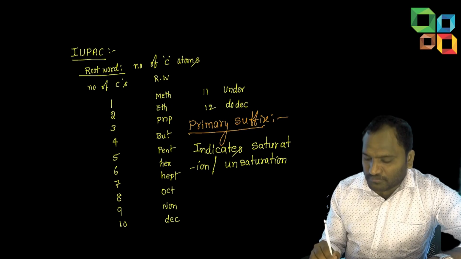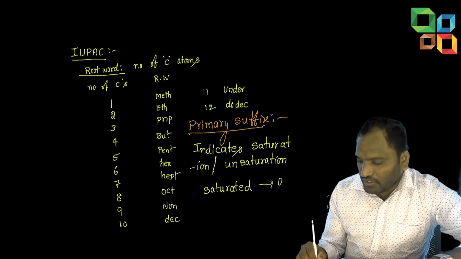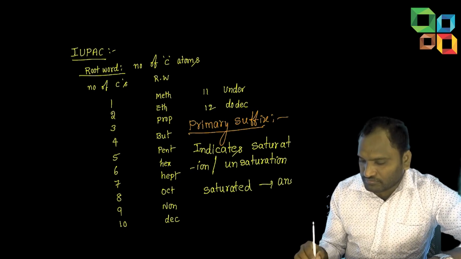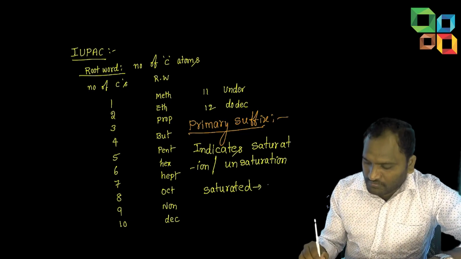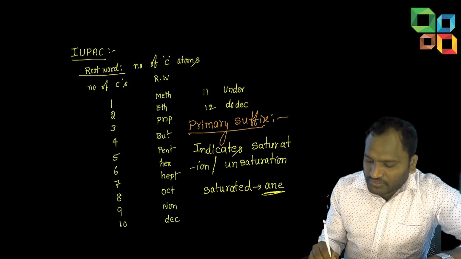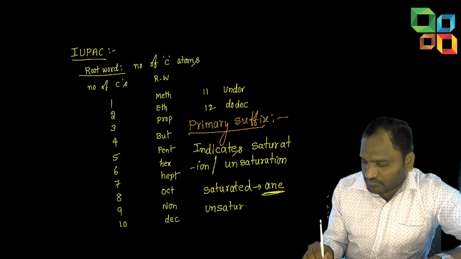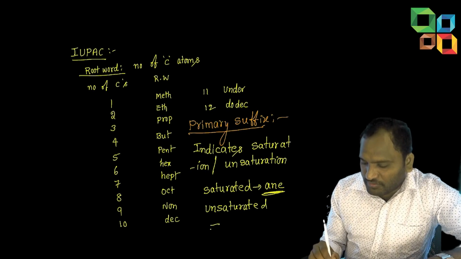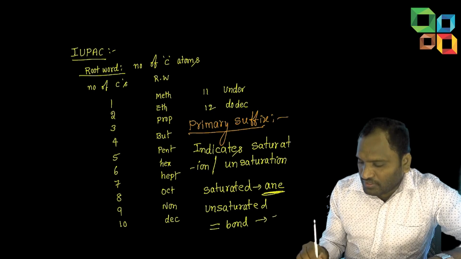For saturated compounds, what do we use, students? Ane. For unsaturated, if it is a double bond, ene.